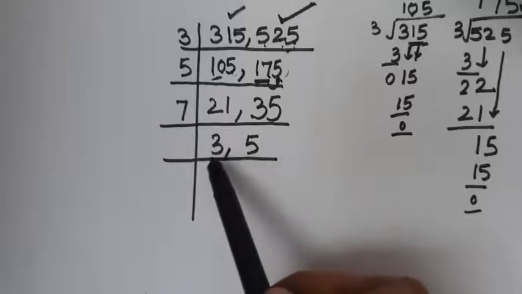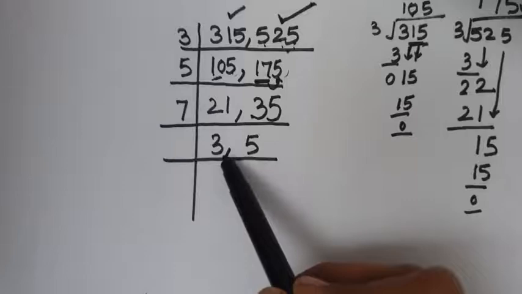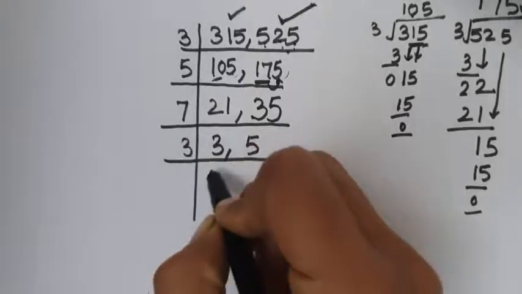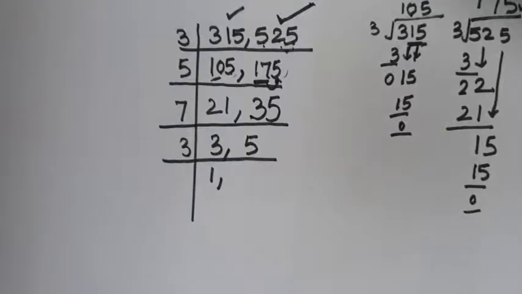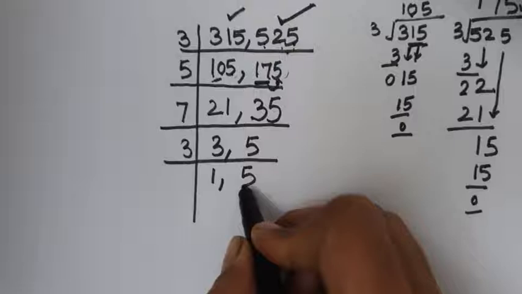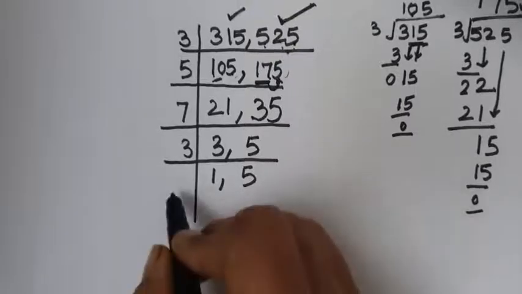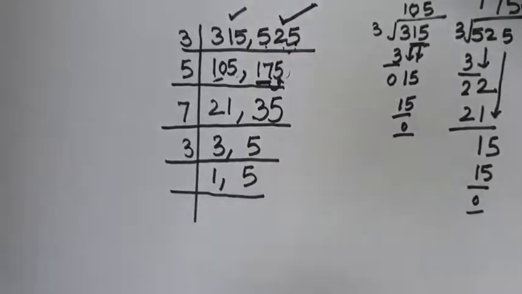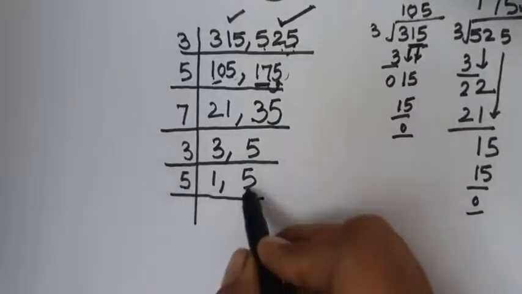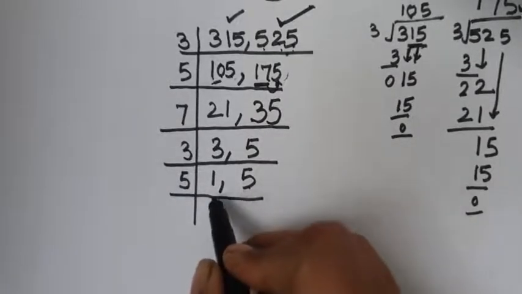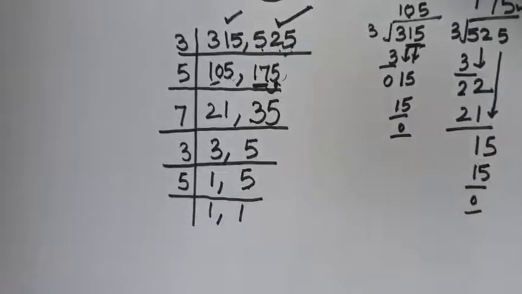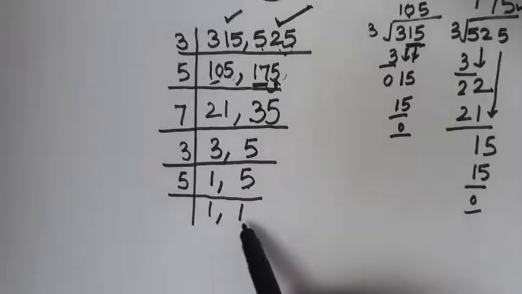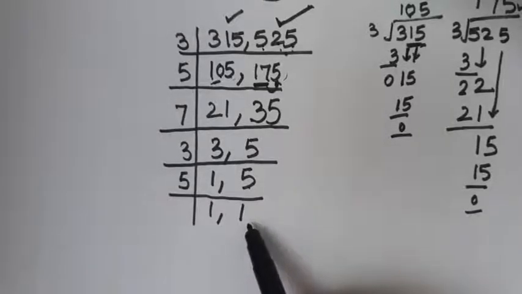So start from the smallest one. 3 1 is 3. 5 is not coming in the table of 3, so it will remain as 5 only. Now 5 comes in the table of 5, so I will write here 5 1 is 5. And whenever 1 and 1 come, we will stop at that point.